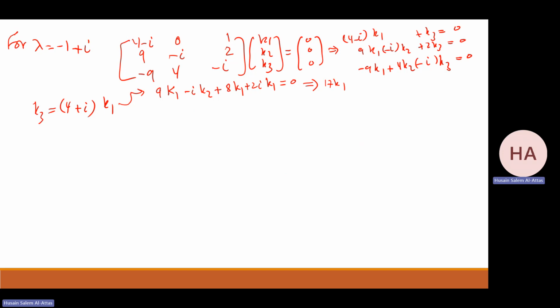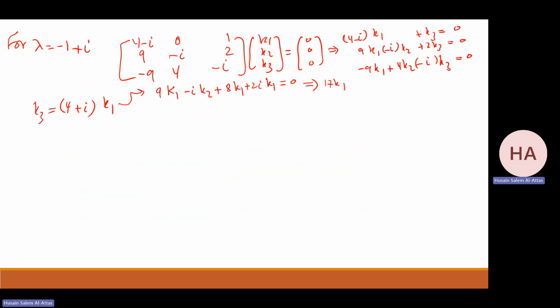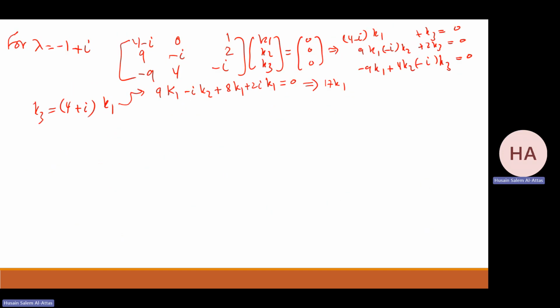I have minus 1 minus minus 1, that will be 1, that's minus i, correct? This is 4 minus i. 3 minus minus 1 minus i, 4 minus i, 0, 1. Okay, so everything is okay. I have this, so K3 will be... sorry, here is the mistake.